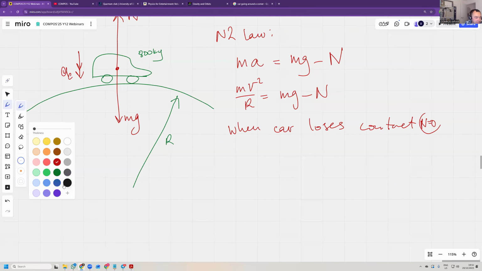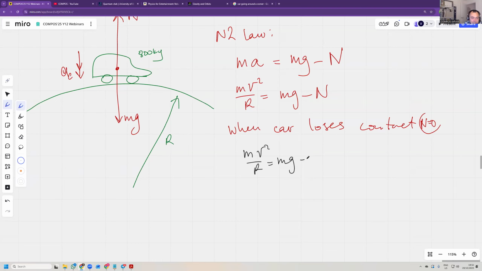So v squared over r equals g minus 0, therefore v squared over r equals g. So v is equal to the square root of rg. And that is the answer.